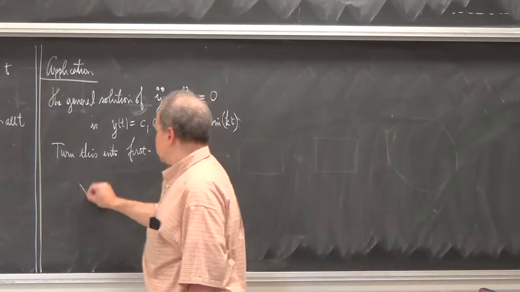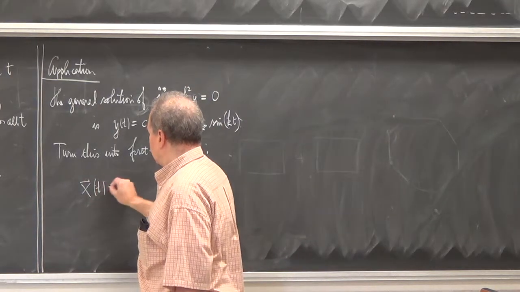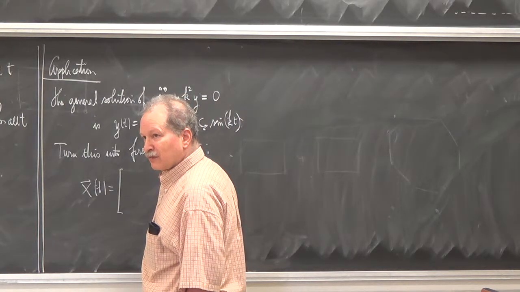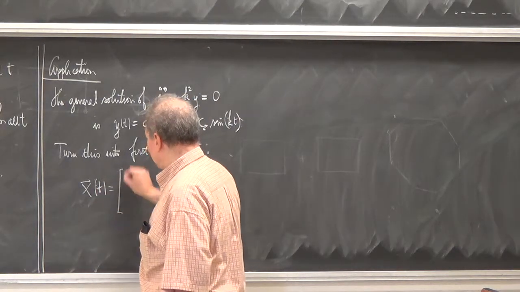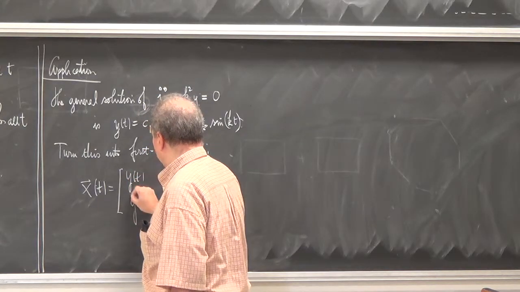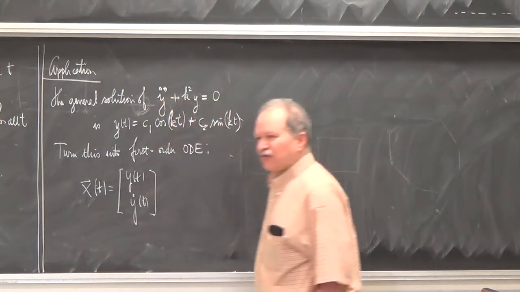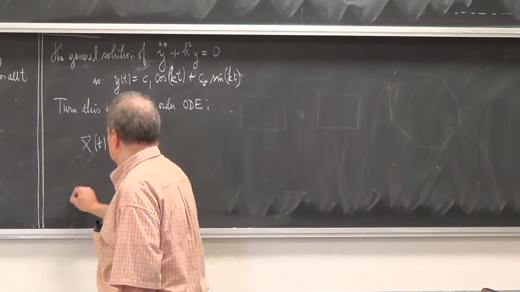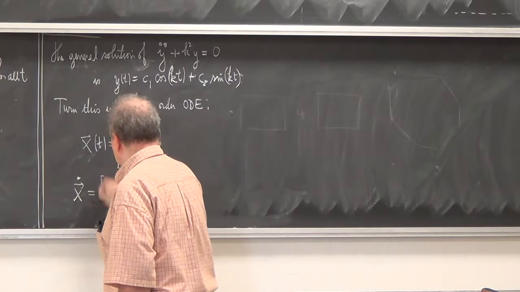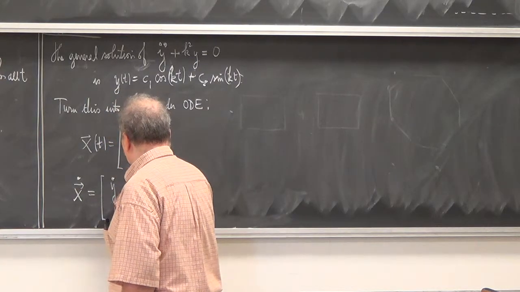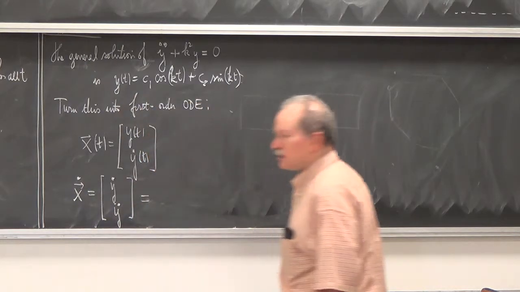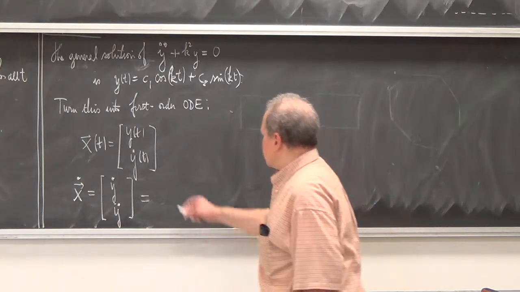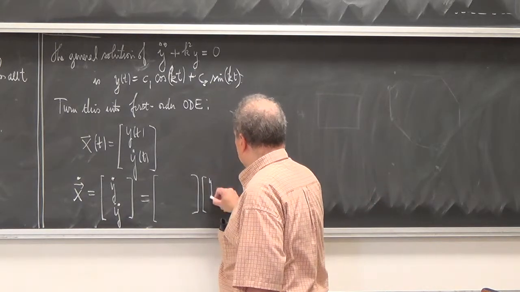Make an x that is equal to y and y dot. Right, and then you end up with a matrix that gives you x dot is going to be y dot, y double dot, which is something times y, y dot.